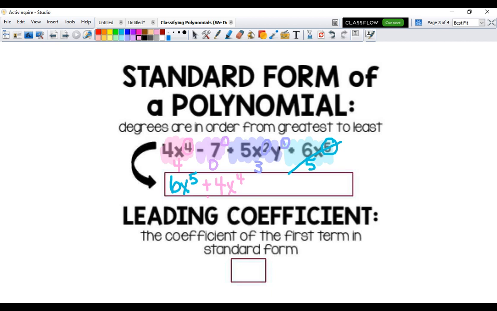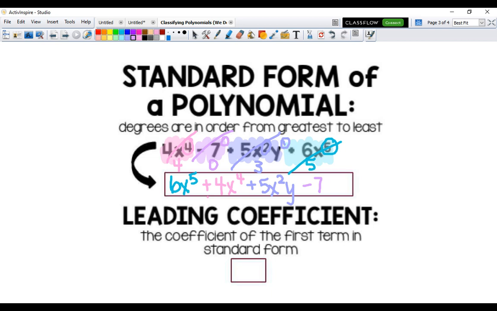All right, what comes after 4? 3. That means positive 5x squared y would go next. And what's left? 0. That means -7 will go last. And this is in standard form with the degrees listed from the greatest to the least.